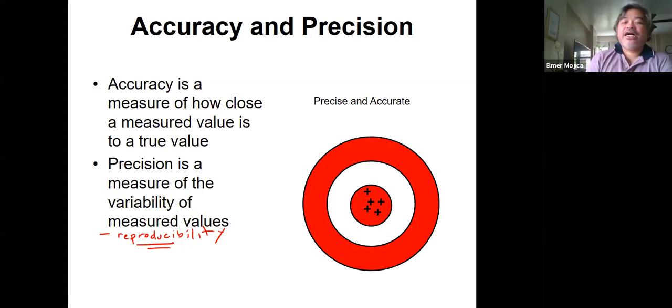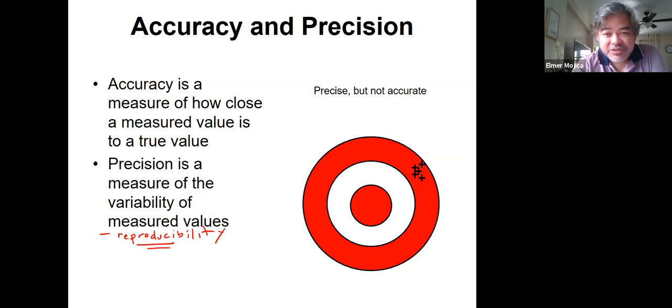So if you have measurements within the bullseye, the accuracy is high, so you could say it's accurate. And since the set of values that you have there are close to one another, you can also say it's precise. Ideally, this is what we want. A measurement that is accurate and at the same time precise.